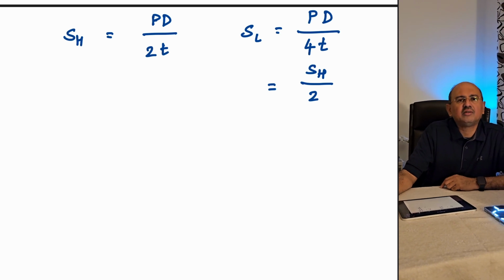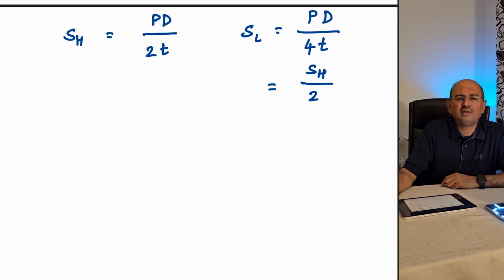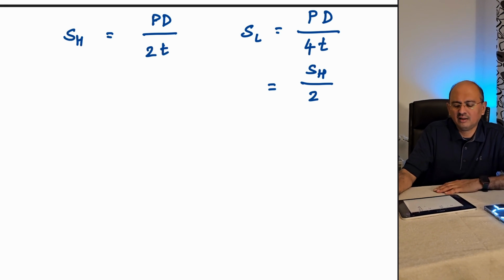So basically what happens is the thickness of the dished ends is always half of the shell thickness, and they are basically hemispherical. If you consider hemispherical for simplicity, then that thickness will be half of the shell thickness.